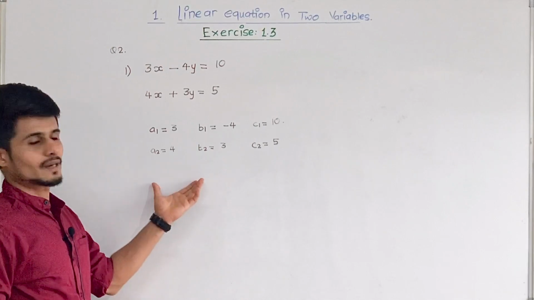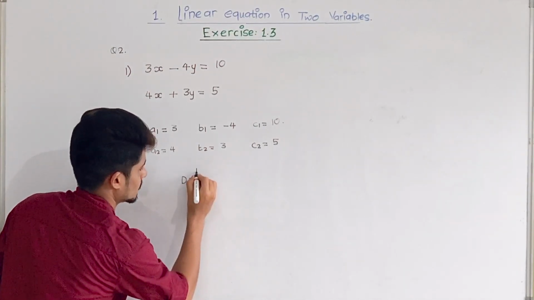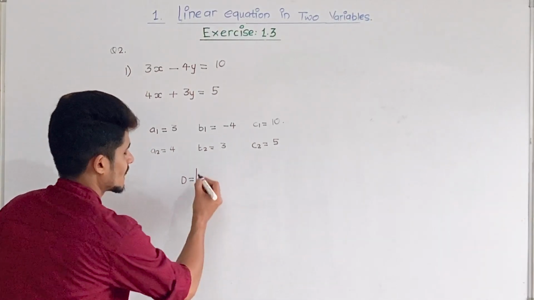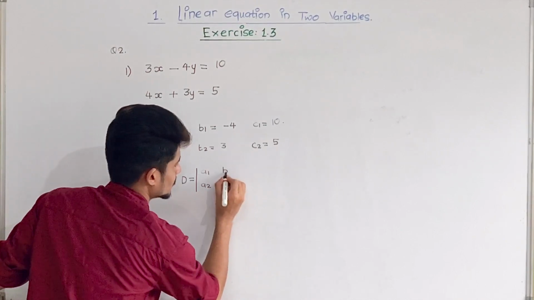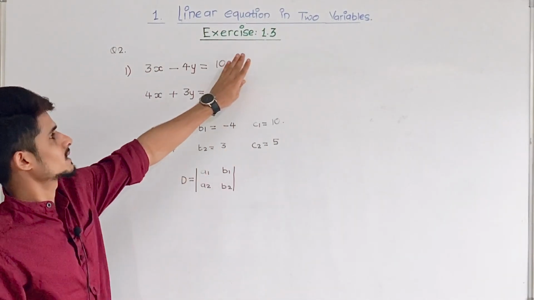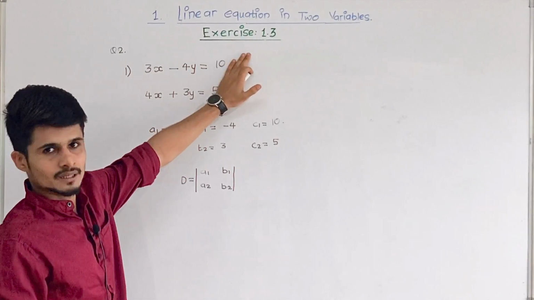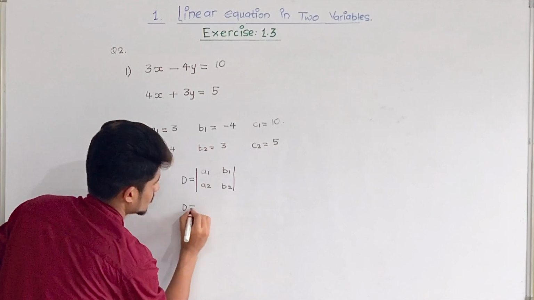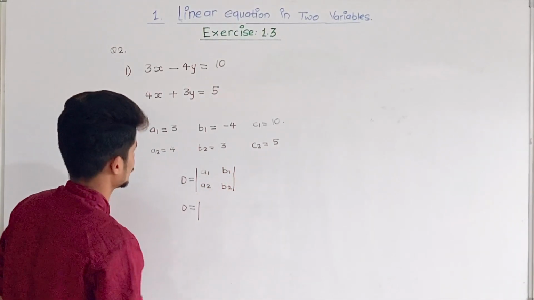So now we'll find the determinant. In the determinant, we have seen in the theory that the numbers are a1, a2, b1, b2. In the determinant, we'll omit the c1 and c2. The value of c1 and c2 will be omitted in the determinant. So we just have to put the value of a1, a2, b1, b2.